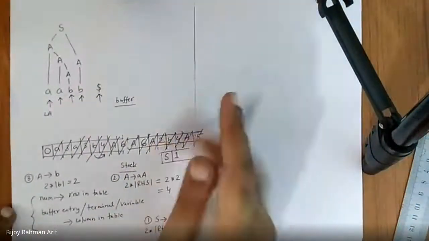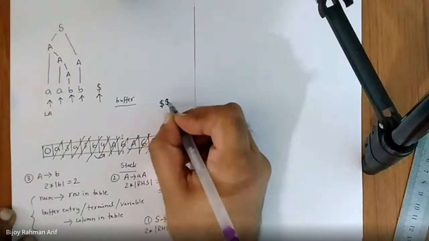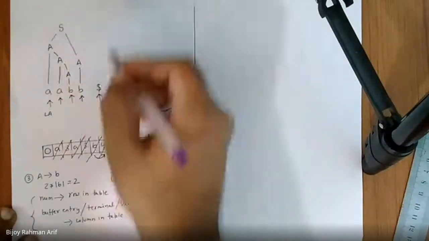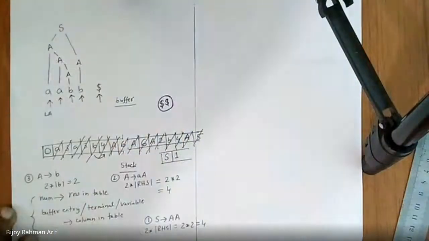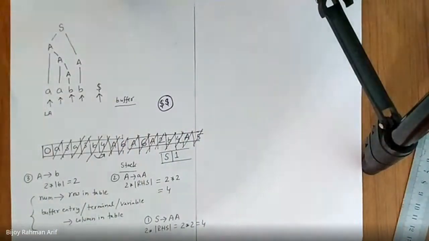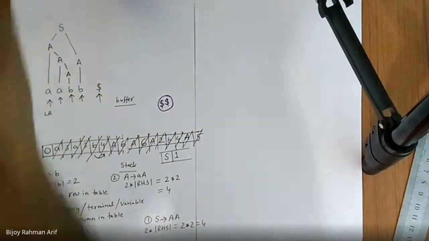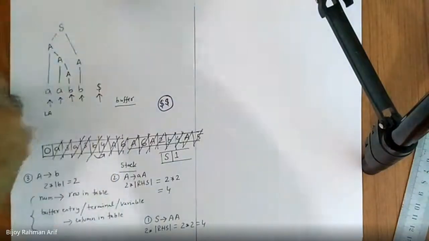That means dollar is seeing dollar, and we accept this. And this is the parse step. If you have any question, you can ask. So this is the whole algorithm.